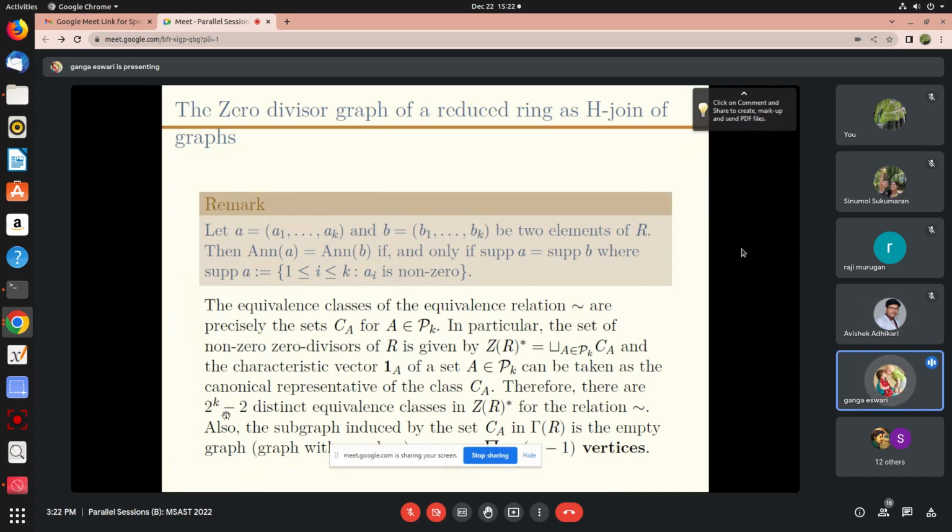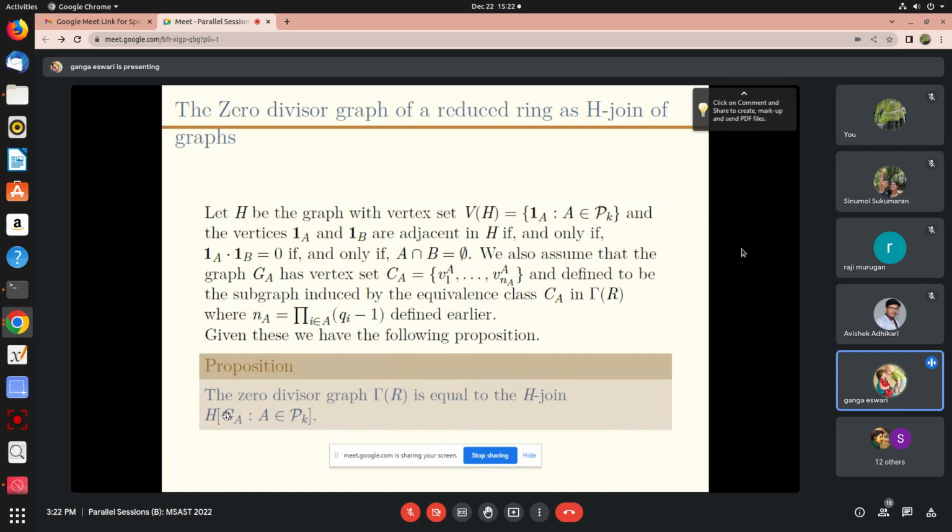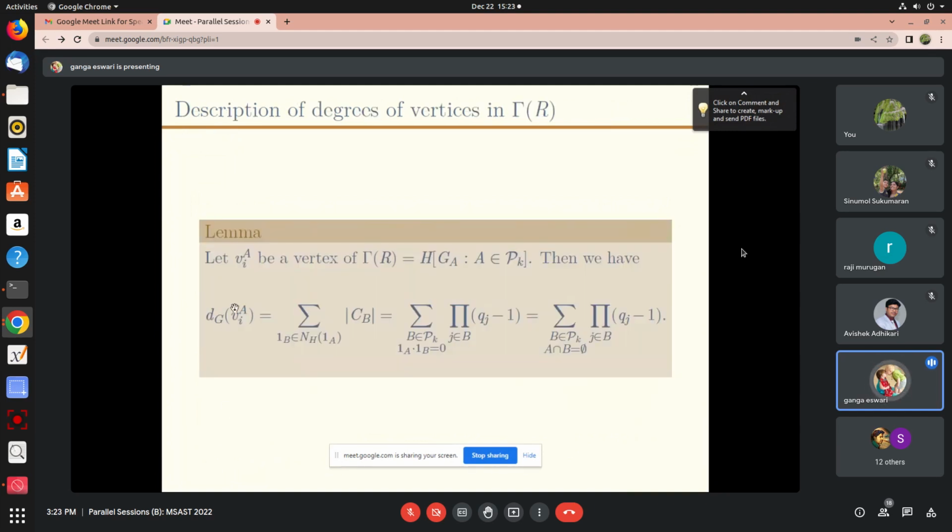So any zero divisor graph can be visualized as an H-join graph. We define the degree. The degree of a vertex in H is nothing but the vertices 1_A and 1_B which are adjacent, that is 1_A dot 1_B equals 0, meaning A intersection B equals 0.